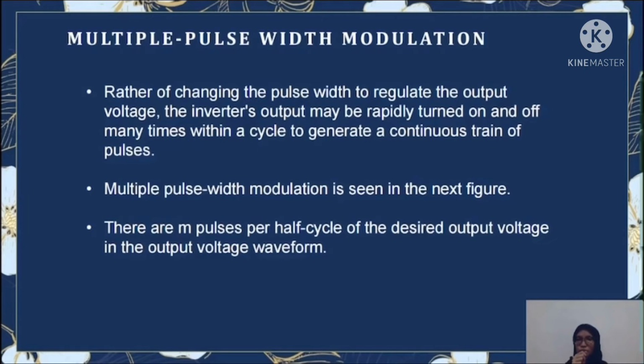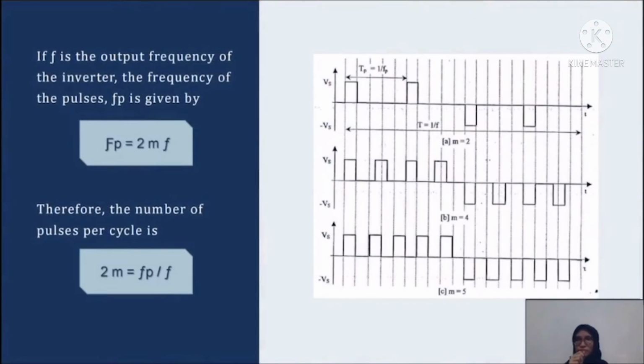There are m pulses per half cycle of the desired output voltage in the output voltage waveform. If f is the output frequency of the inverter, then the frequency of the pulses Fp is given by Fp equal to 2mf. Therefore, the number of pulses per cycle is 2m equal to Fp per f.